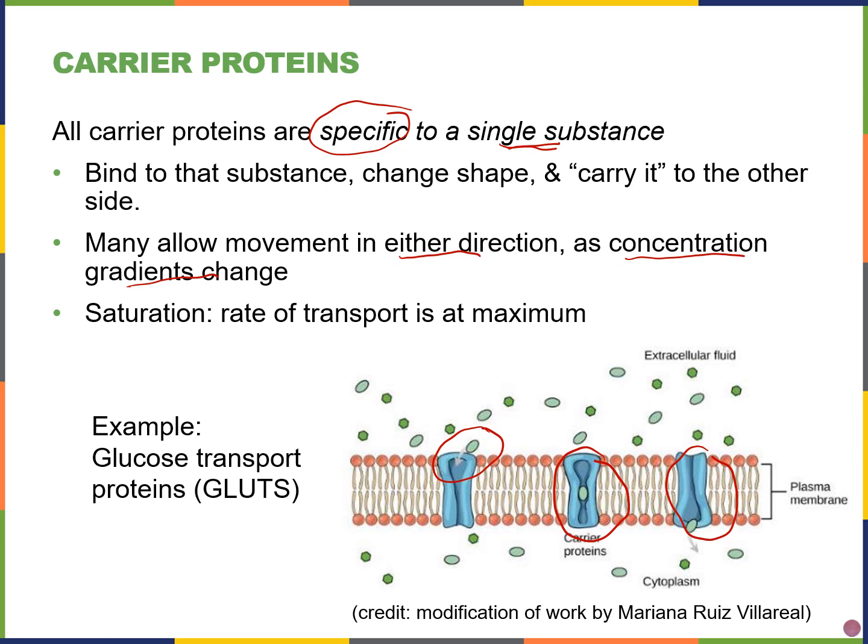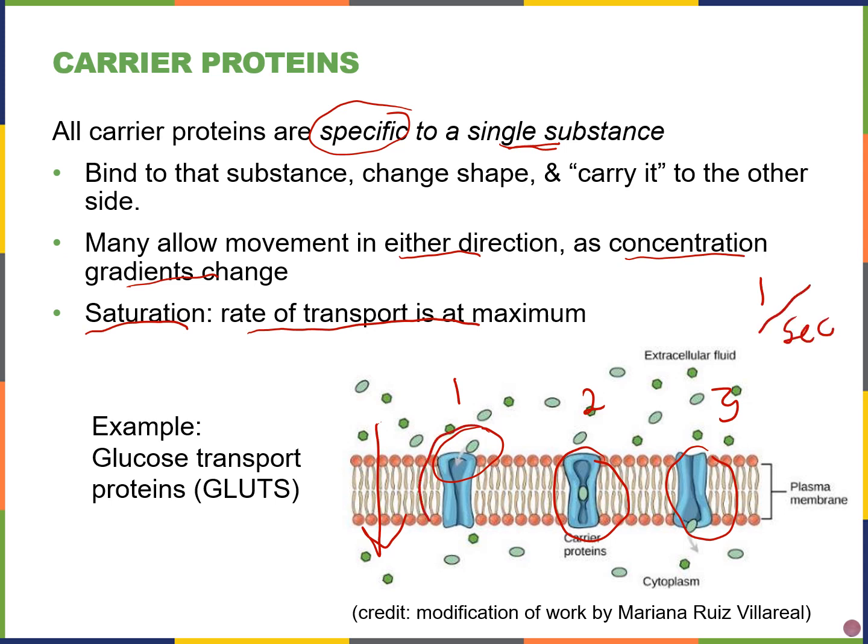The difference between carrier proteins and simple diffusion, where something crosses the membrane directly, is that for carrier proteins, you can reach something called saturation, which is when you reach the maximum transport rate because all of the carrier proteins are currently in use. As an example, let's say I have these 3 carrier proteins, and each of them can carry 1 molecule across the membrane per second.